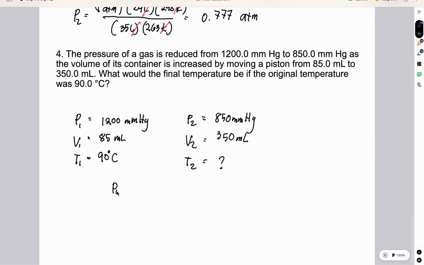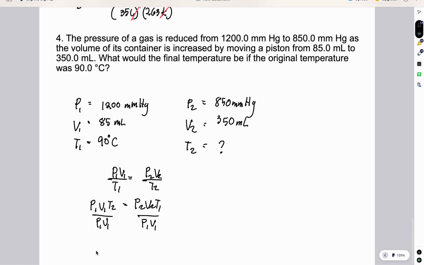So we have the givens here. We have P1, V1. Let's use the combined gas law. P2 V2 over T2, P1 V1 T2. We cross multiply here. And P2 V2 T1. So P1 V1 over P1 V1. Therefore, T2 is equal to P2 V2 T1 over P1 V1. Hence, T2 is equal to P2, which is 850 mmHg, V2 is 350 ml, and T1 is what?